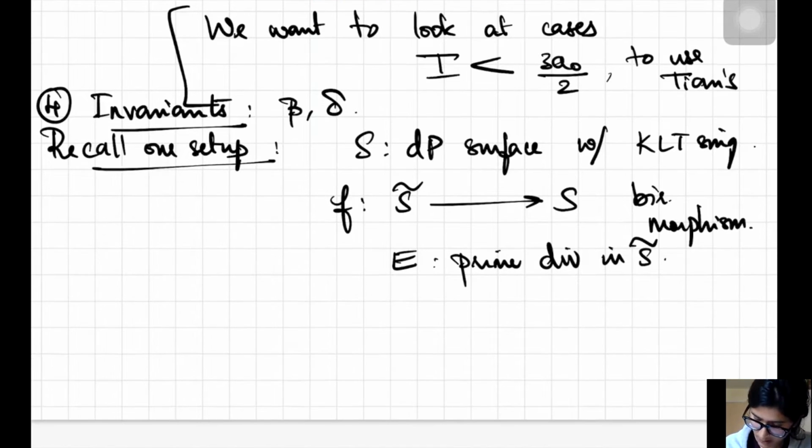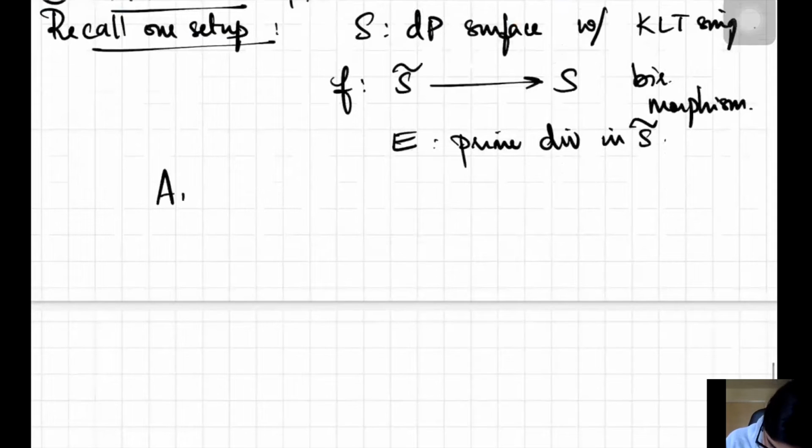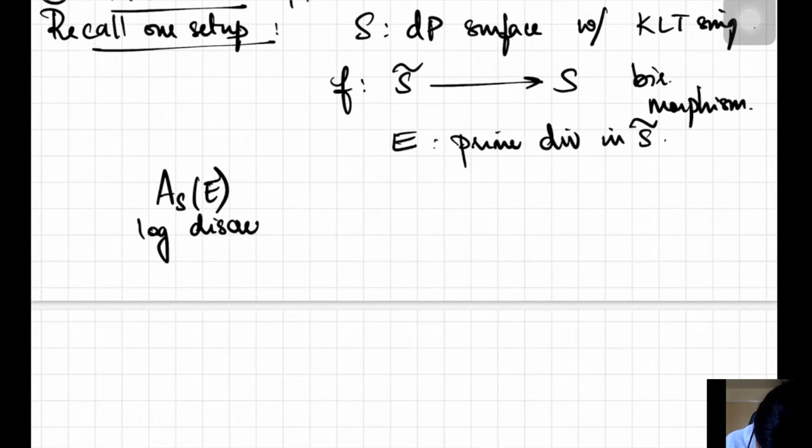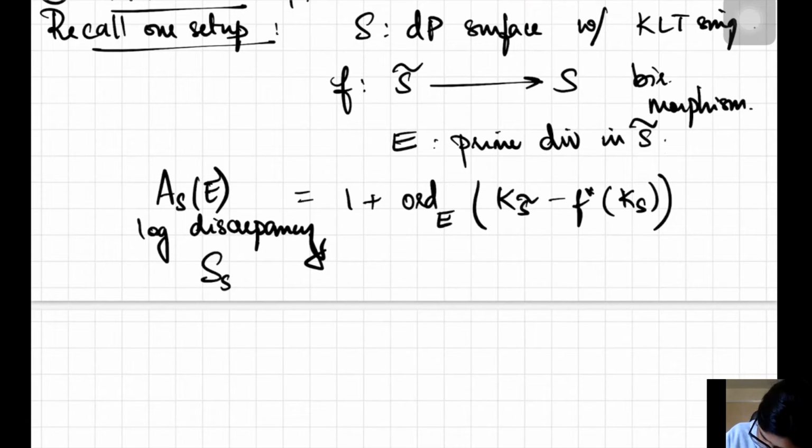With this we have two different things that we can define. First is called the log discrepancy, which is basically 1 plus the order along E of the relative canonical.